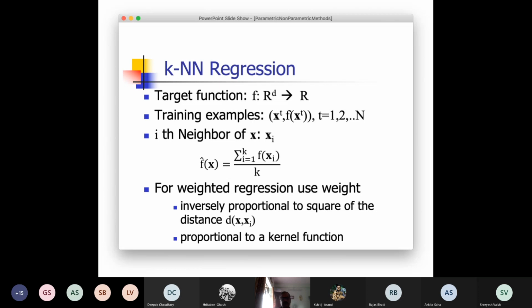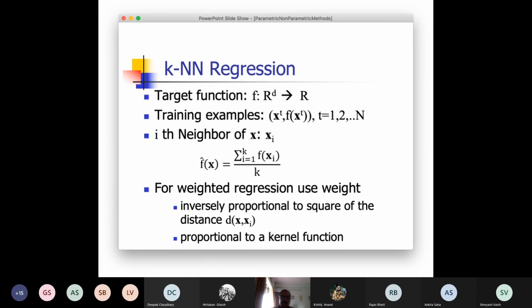We can also consider the kernel function, which, as we have seen, is a function of distance. The characteristic of a kernel function is that it dies down as the distance increases. That means it is a monotonically decreasing function of distance, and mostly it is the square of the distances, inversely proportional to that.